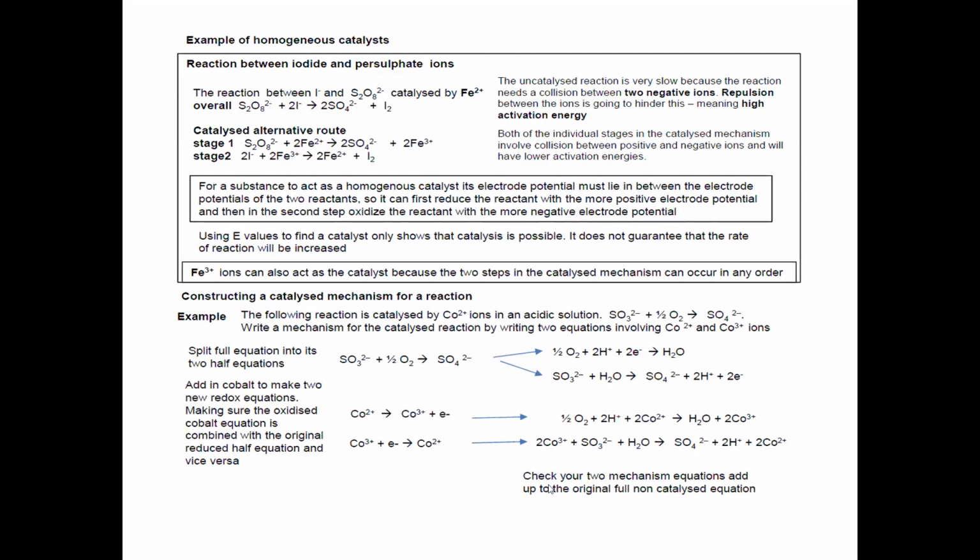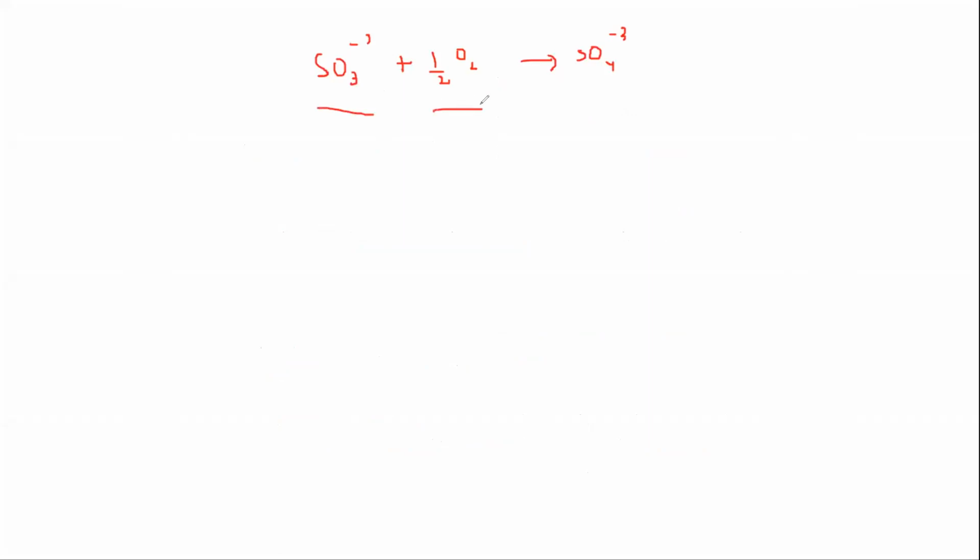So if I divide this equation, I will divide into reactant. SO3 is a reactant, so SO3 can form SO4.